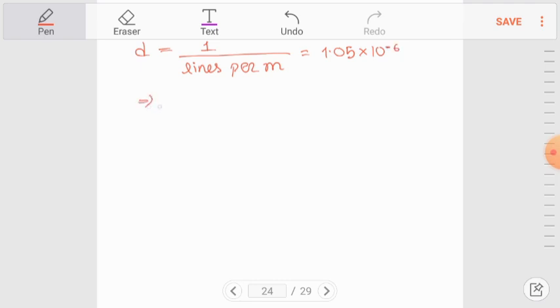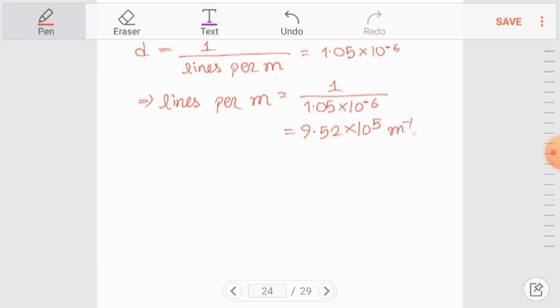First we need to find the value for the lines per meter. Lines per meter will be 1 over 1.05 times 10 to the power negative 6, which gives a value of 9.52 times 10 to the power 5. So this is the value for the lines per meter.